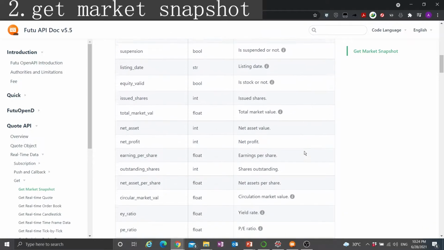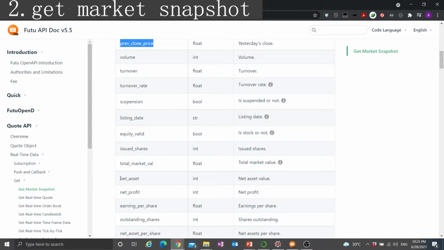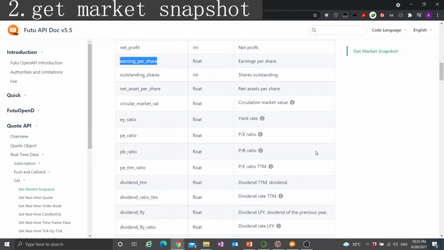If we scroll down further, we will find financial data such as net assets, net profit, and earnings per share. This function, the snapshot, also gives us some common ratios, for example the PE ratio and PB ratio. And there are many more. Feel free to explore yourself.